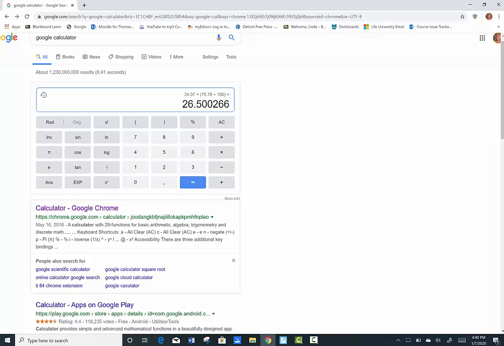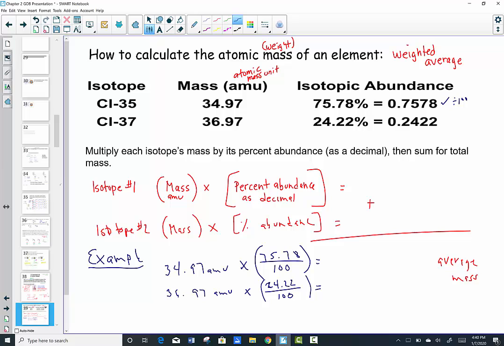And you get a number, 26.500266. Write the entire number down, 26.500266. I won't remember. 34.97 times 0.7578.